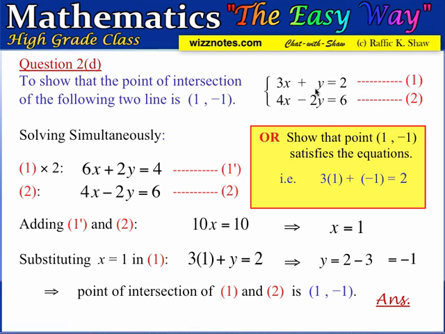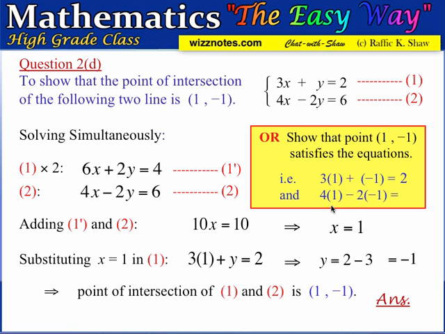Let's show now that it also satisfies the second equation by substituting x equals 1 and y equals negative 1 into the second equation. When we do that, we will end up with this: 4 times 1, because x is 1, minus 2 times y, which is 2 times negative 1.